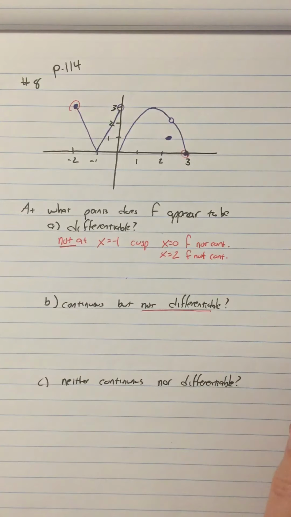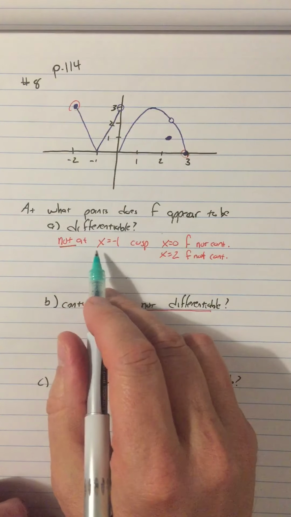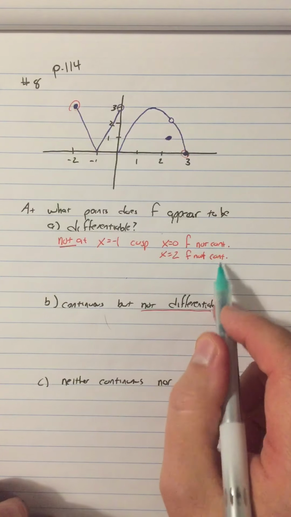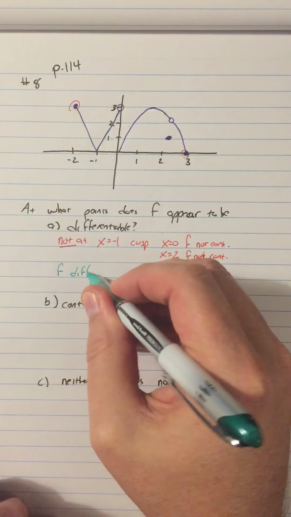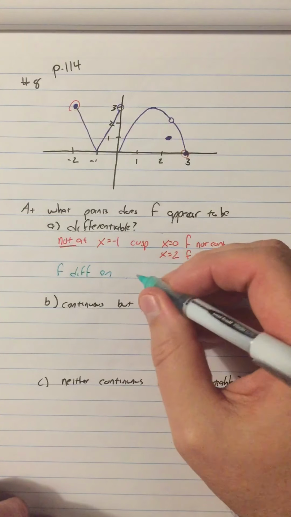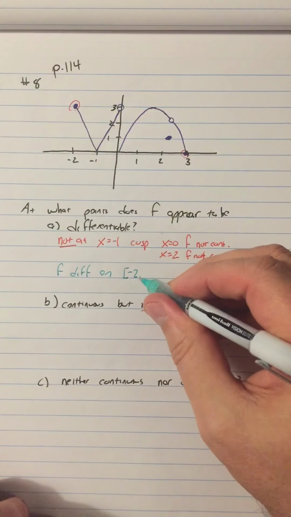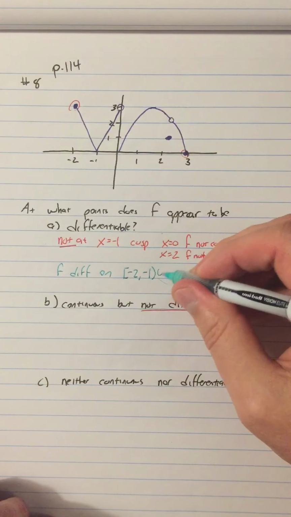The question is, where is f differentiable? We've identified where f is not differentiable: at x equals -1 because of the cusp, and at 0 and 2 because f is not continuous. So f is differentiable on these intervals. Let's include -2, so it's technically included, to -1, but we cannot include -1 because that's a non-differentiable point.